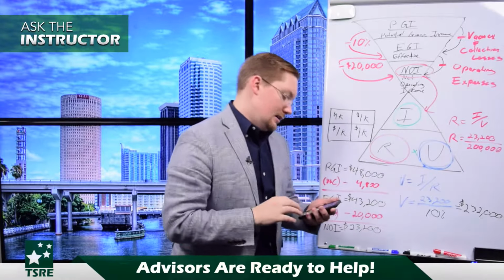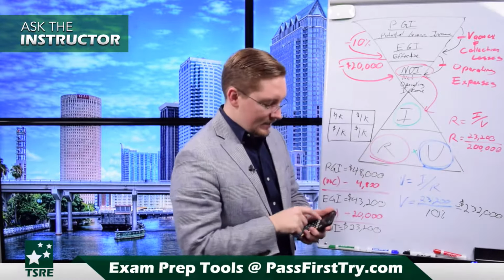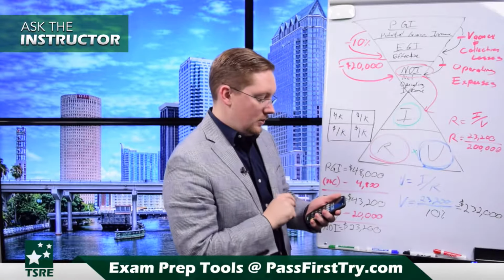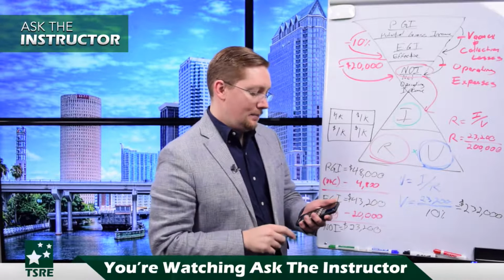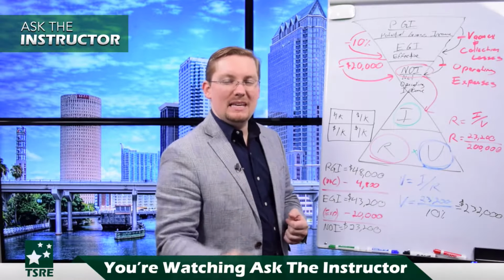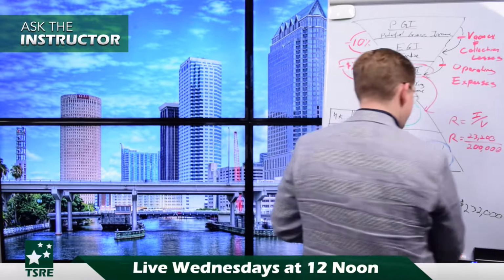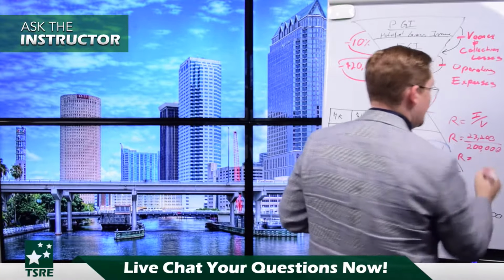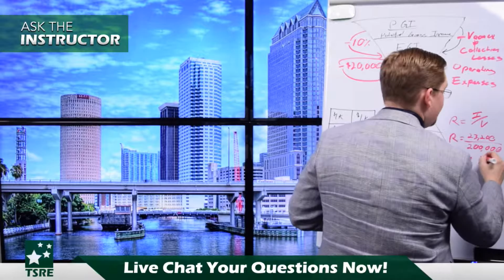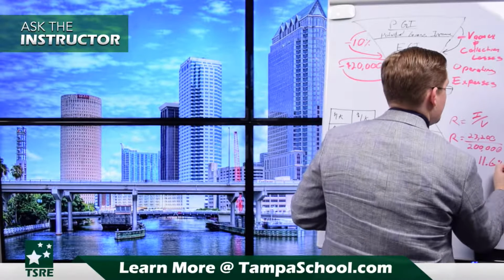So we're just going to get our calculator out. We've got our formula nice and easy here. We take $23,200 and divide that by $200,000, and we end up with 0.116, meaning 11.6%. So our rate of return, if we were to pay $200,000 for this property, would be 11.6%.